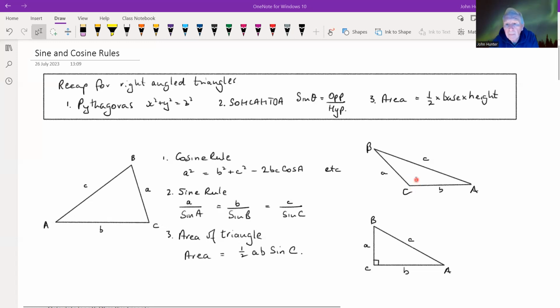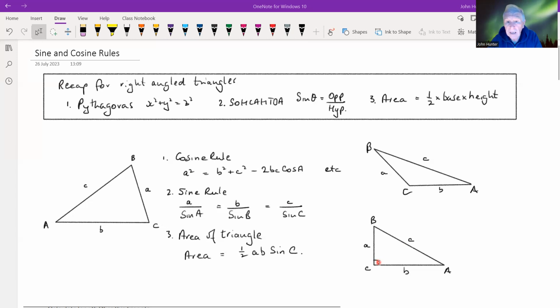The cosine of this angle is going to be negative. The sine of the obtuse angle is positive, but without going into too much detail, essentially the formulas still work. And of course, if we have a right-angled triangle here, then they still work as well.